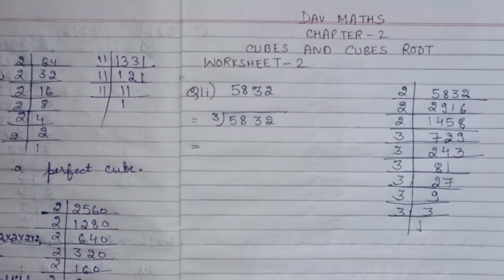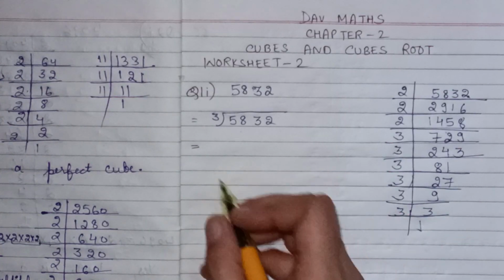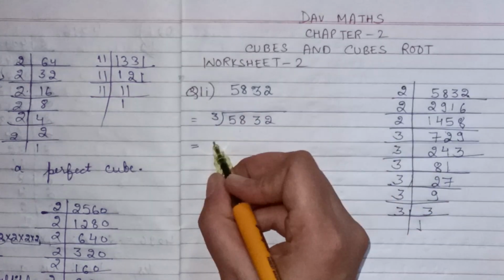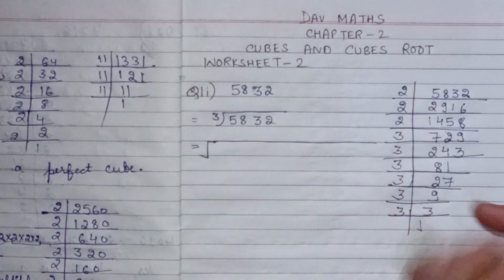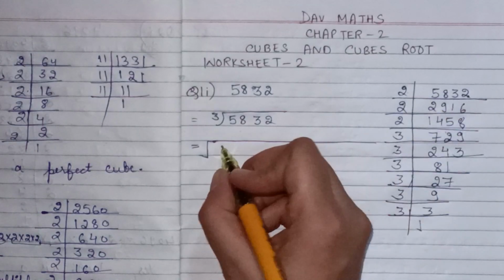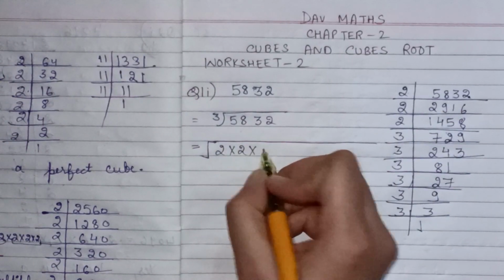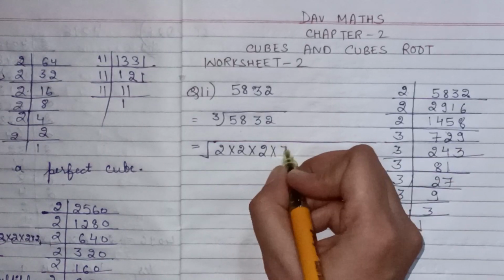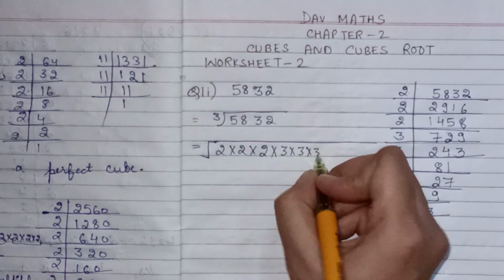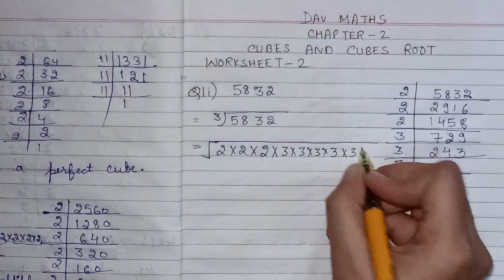Now we calculate the cube root of this. The cube root of this question is equal to the prime factorization: 2 three times, and 3 six times.